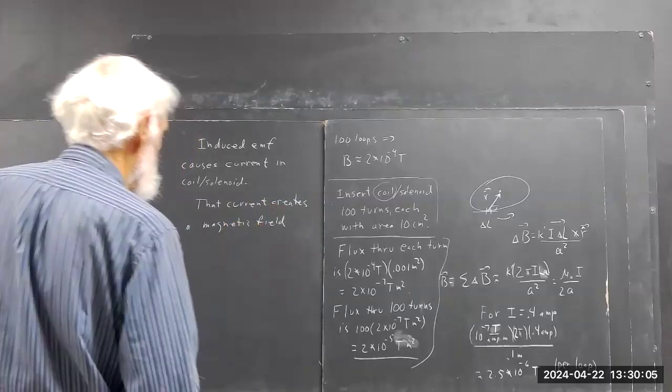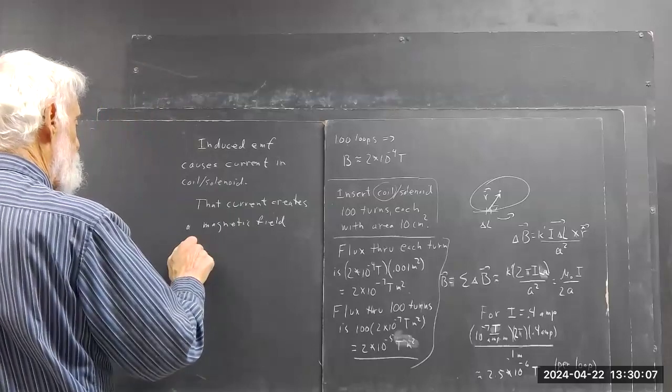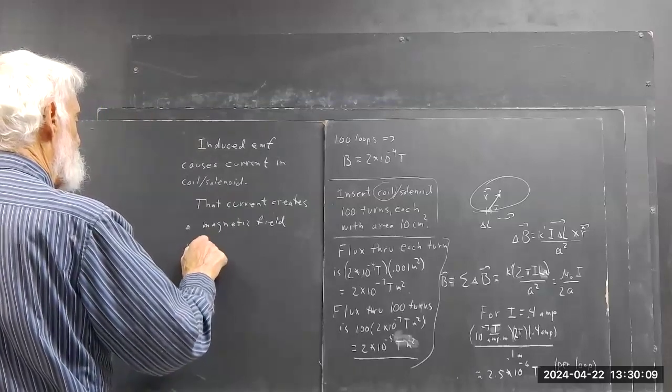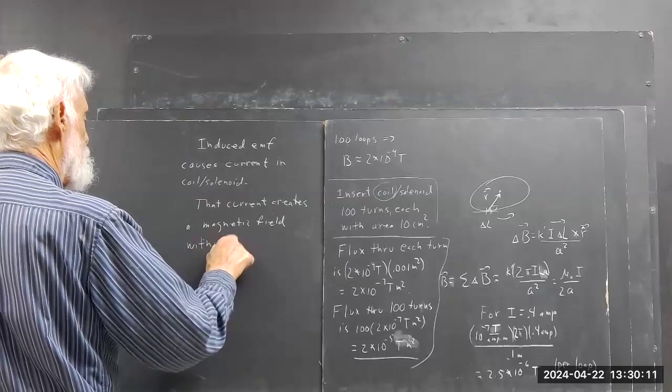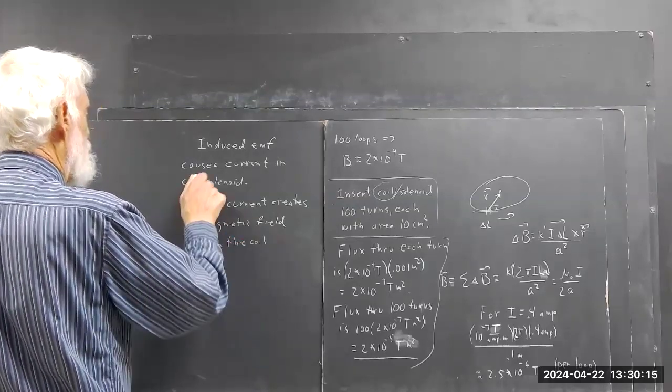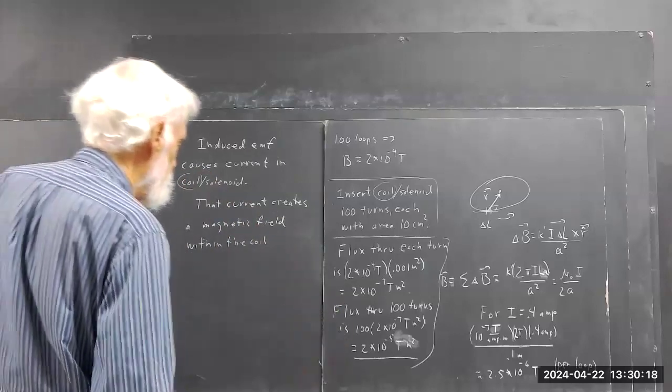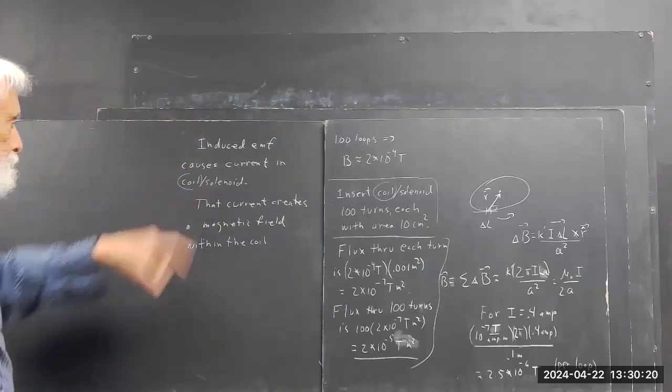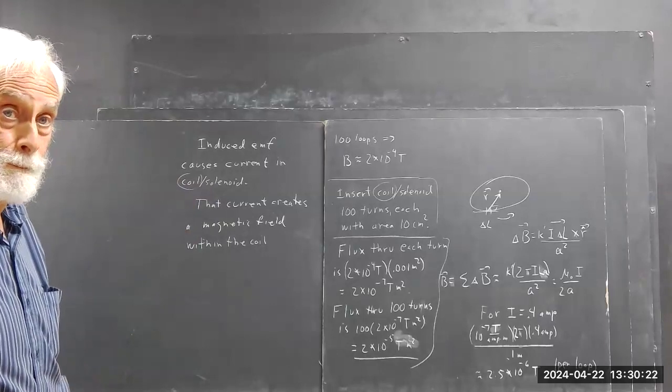Current creates a magnetic field. I'll just use the word coil because I don't want to write solenoid.